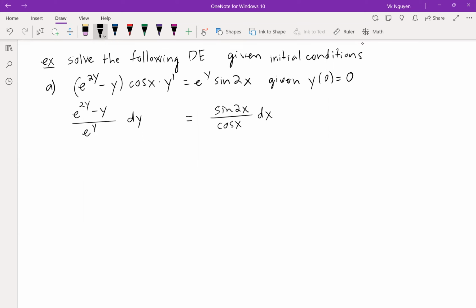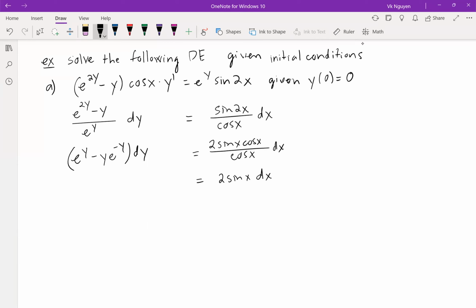Simplify, then we have (e^y minus y e^(negative y)) dy equal. Sine 2x is 2 sine x cosine x over cosine x dx, so that will give us 2 sine x dx.